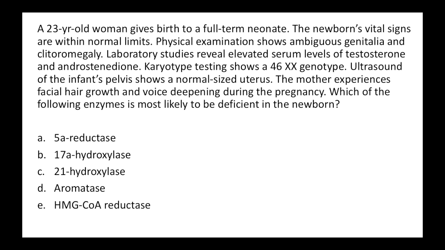Karyotype testing shows a 46XX genotype. Ultrasound of the infant's pelvis shows a normal-sized uterus. The mother experiences facial hair growth and voice deepening during the pregnancy. Which of the following enzymes is most likely to be deficient in the newborn?